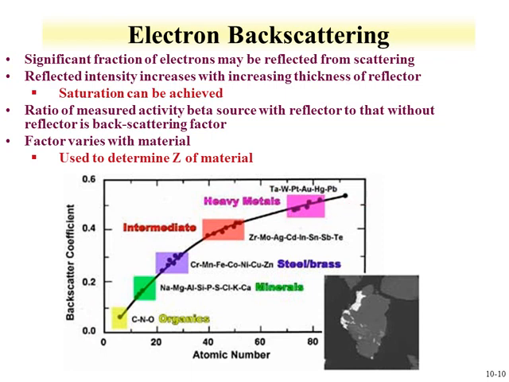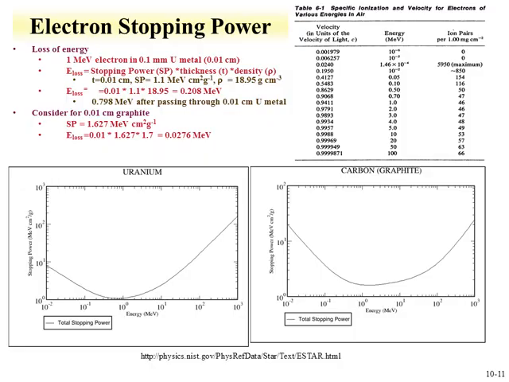So imagine that you can determine a backscattering coefficient, and along this figure, you can figure out the Z of the material that's causing the backscatter. Coupled with microscopy, backscattering is a method to determine composition of samples under examination.